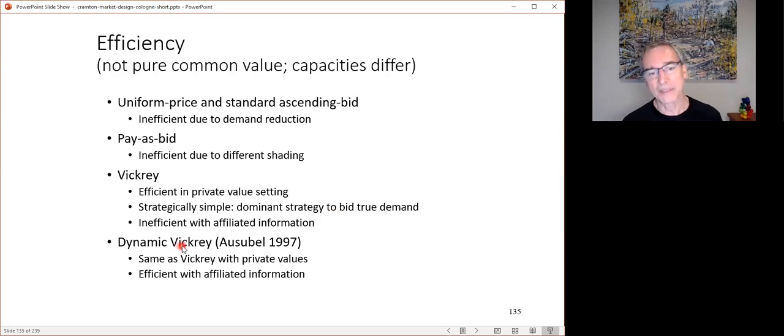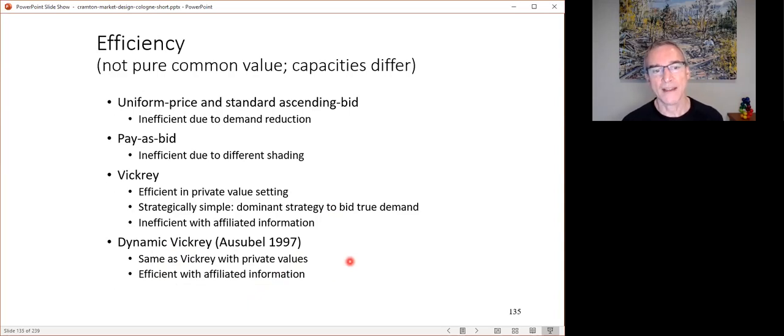And the dynamic implementation of Vickrey also is going to perform perfectly with private values. The dynamic implementation has the further advantage in that in at least very simple environments, you can still retain efficiency with affiliated information.